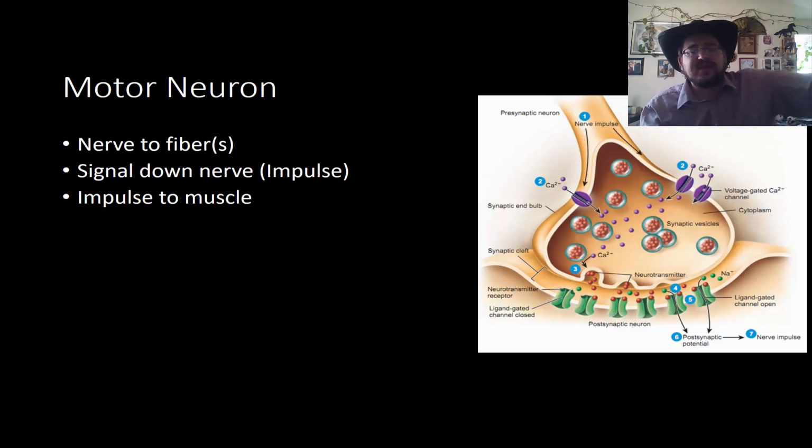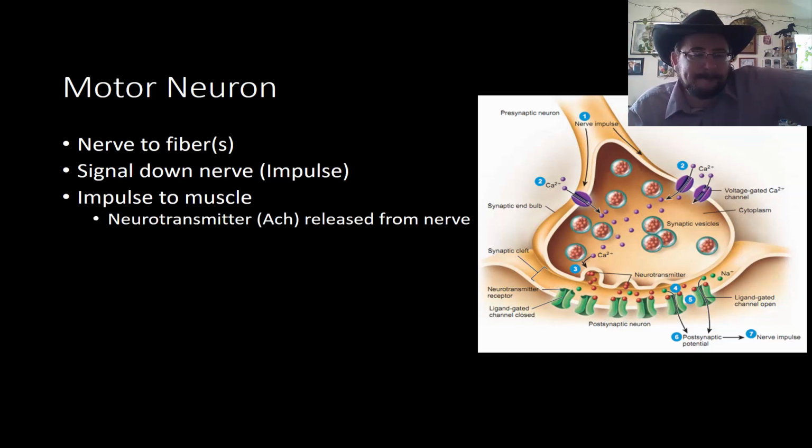So in order to take the impulse from the neuron and send it into the muscle, we actually release a neurotransmitter. Boom. It's called ACH. If you really want to be an overachiever, you can remember acetylcholine.